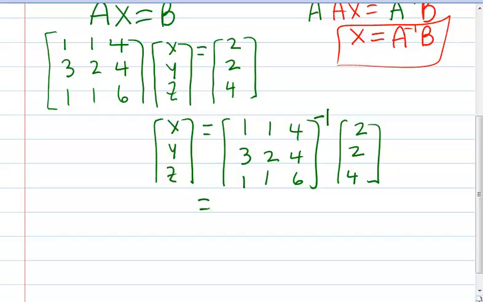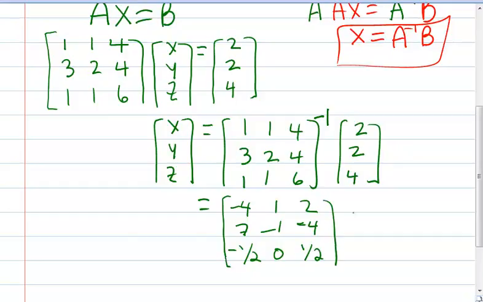So I found that the inverse there, let me write it down here, was -4, 7, -1/2, 1, -1, 0, 2, -4, 1/2. And you can look back at that video to make sure that that was the inverse that we found. So to solve this system, all I have to do is multiply.